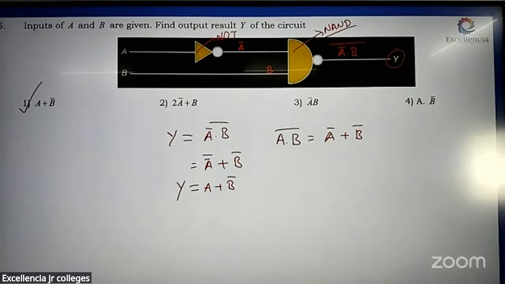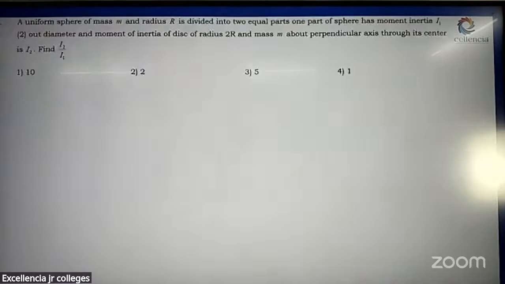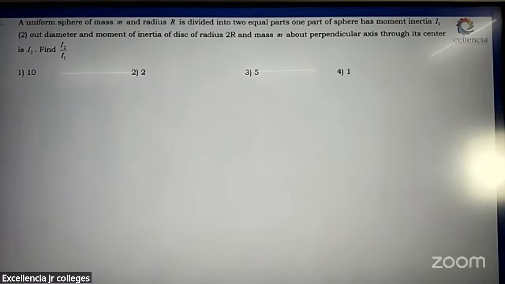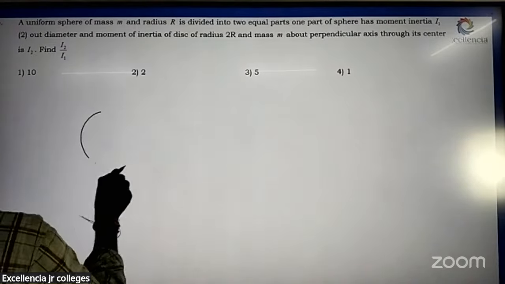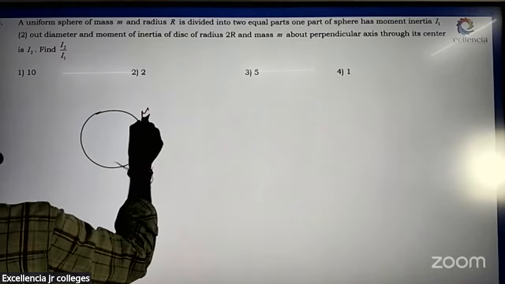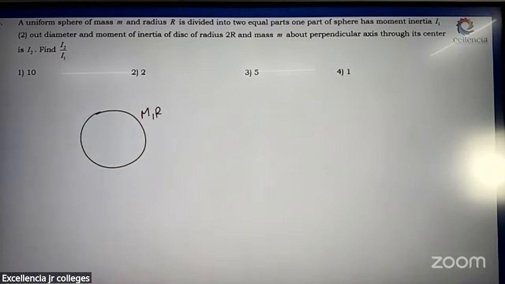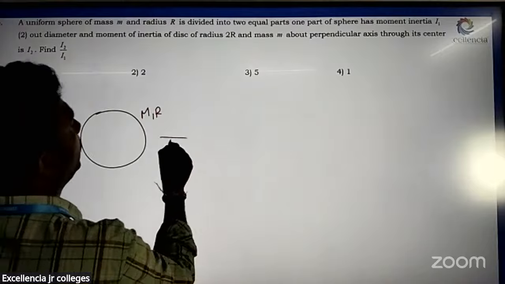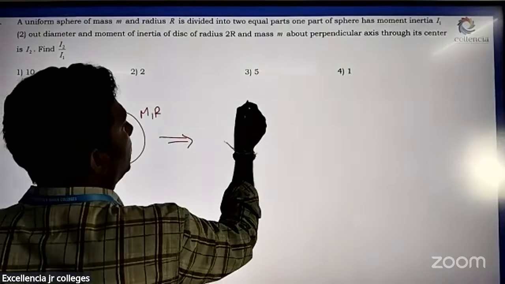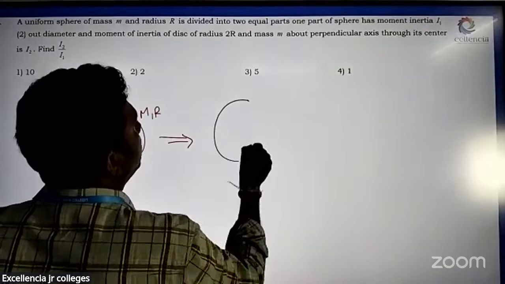And next, the sixth question. A uniform sphere of mass m and radius r is divided into two equal parts.